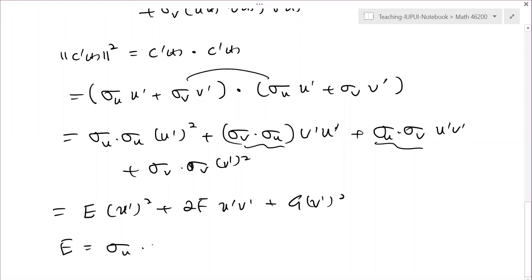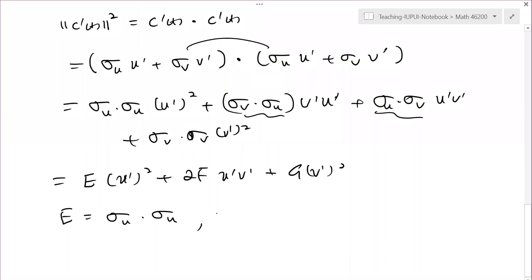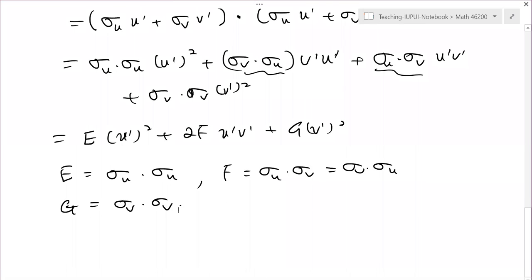E is σ_u · σ_u. F is σ_u · σ_v, which is the same as σ_v · σ_u. And G is σ_v · σ_v. Those are the functions of u and v, local functions.